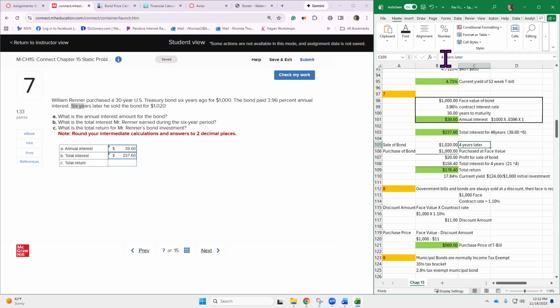So he made $20 on the sale as a profit on the bond, and we want to include the total interest, right? That was 6 years times the 39.60. So I'm going to put 6 years in here.